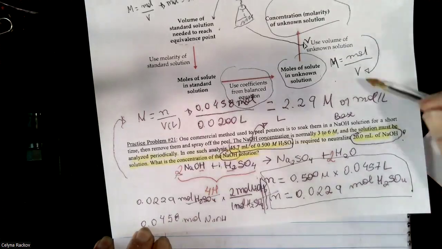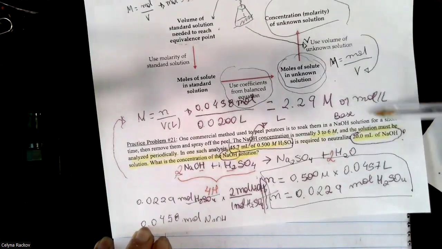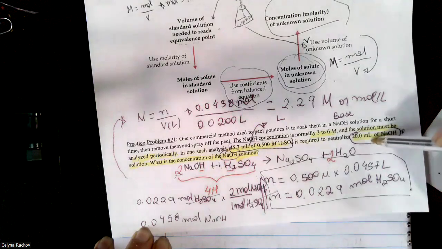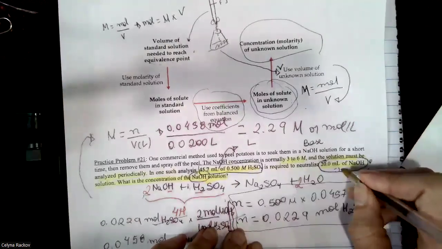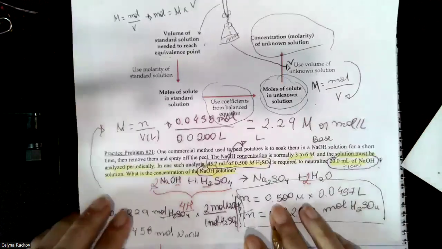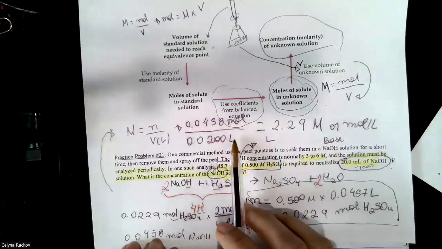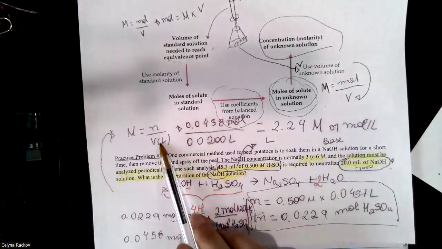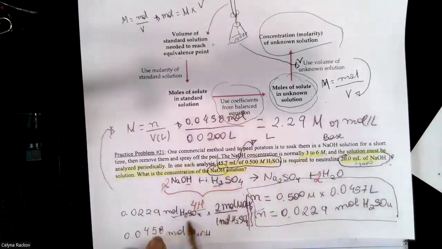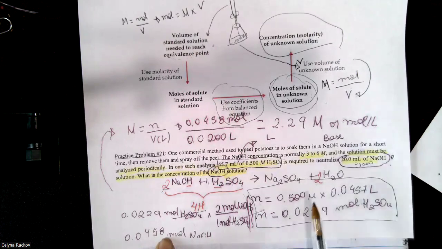Now that you have the moles of sodium hydroxide, we use the volume that was in the sample, 20 milliliters. Remember to divide by 1,000 to convert to liters, which is 0.020 liters. Molarity is moles divided by volume in liters. So take the moles calculated here and divide by the volume that was given, divided by 1,000.